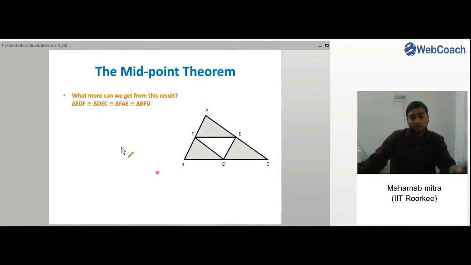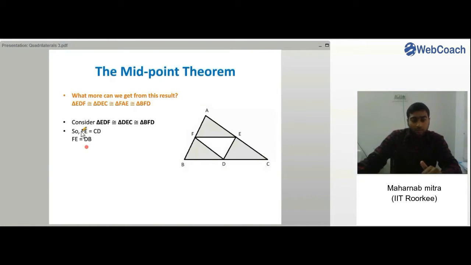We know that all the triangles are congruent to each other, right? So let us consider the 3 triangles which are congruent to each other: triangle EDF, which is the central one, triangle DEC, this one, and triangle BFD, which is this one.